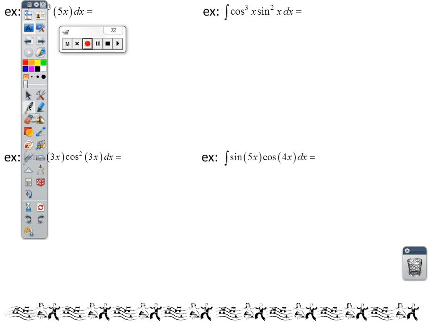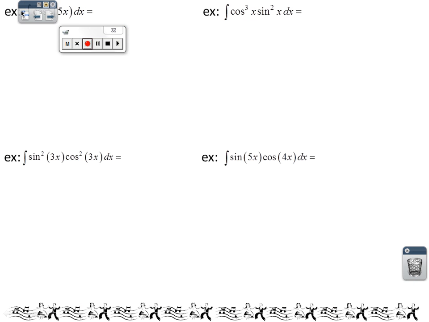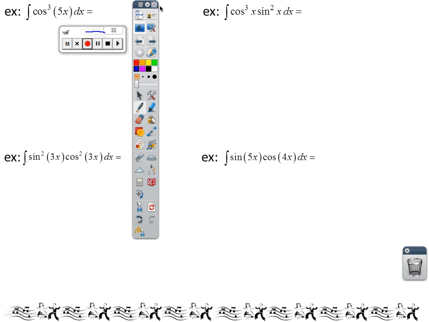All right, so let's look at our first one. Our first one has just cosine by itself.